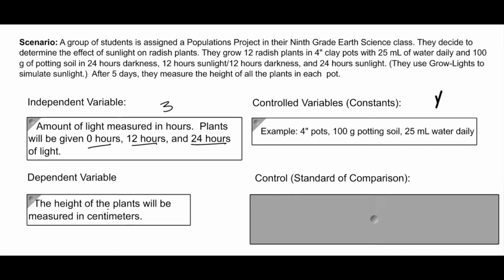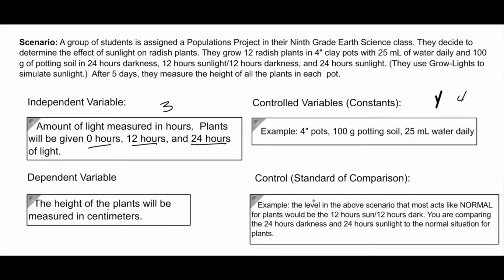And the control, the level of the above scenario that most acts like normal, quote unquote, kind of think of that as a normal situation, would be 12 hours of sun and 12 hours of dark, because that's how the Earth in most areas typically has about 50-50 in terms of hours or time of light and dark.